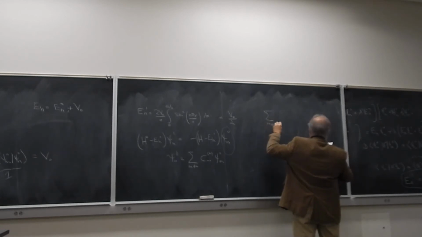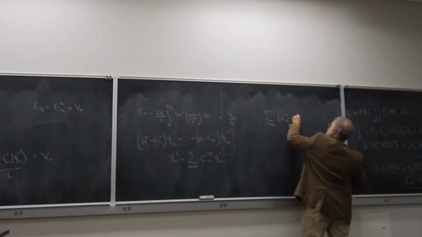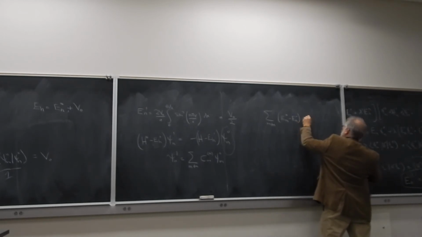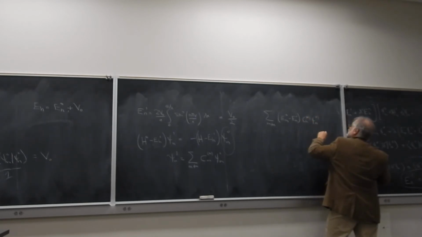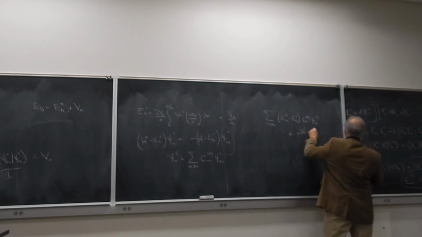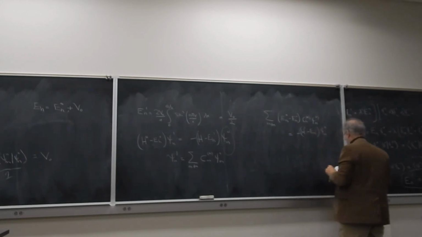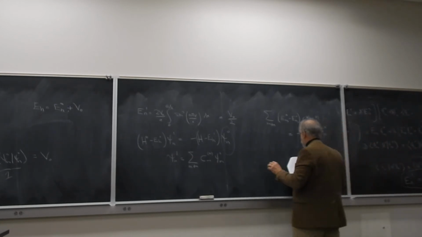So sum, m not equal to n, of (Em0 minus En0) c sub m of n ψm0 is equal to minus (H1 minus En1) ψn0. Now, let's take the inner product of both sides with ψl0, another wave function.